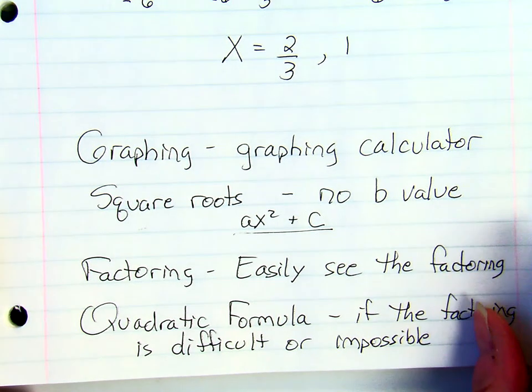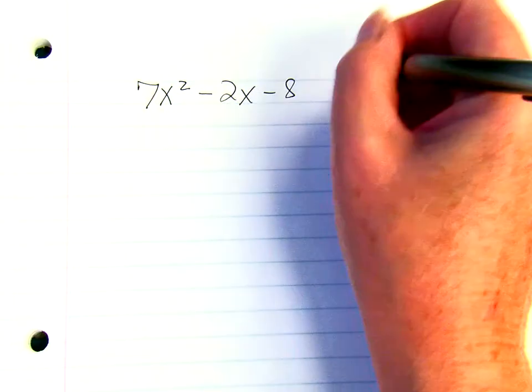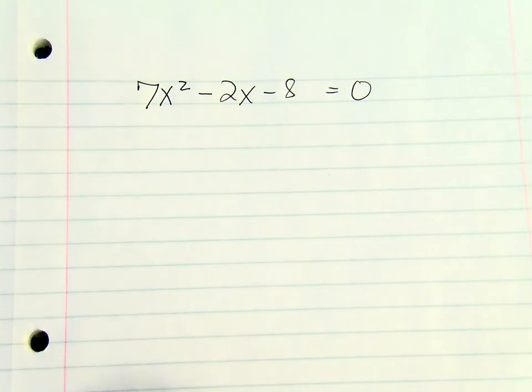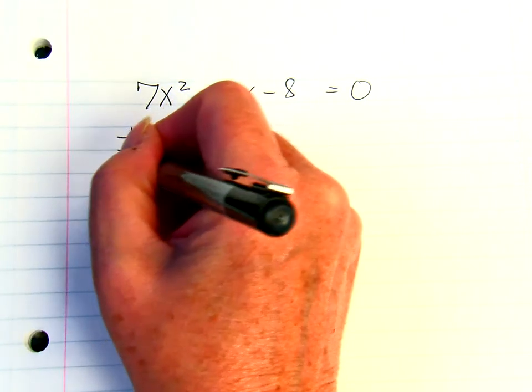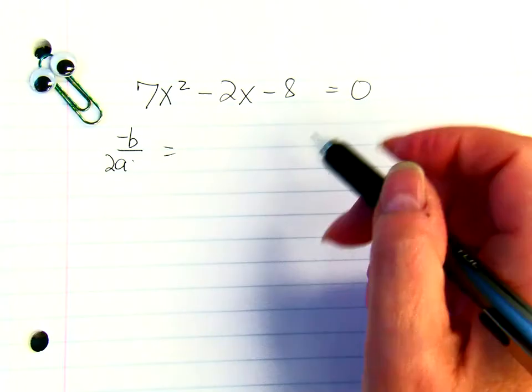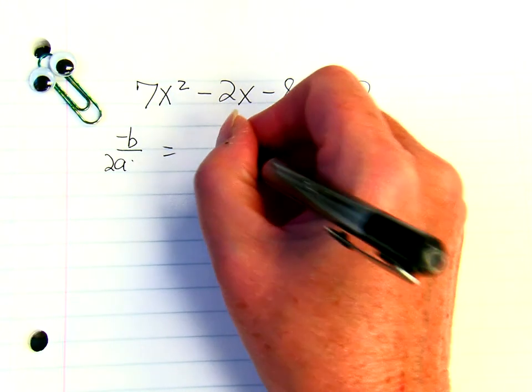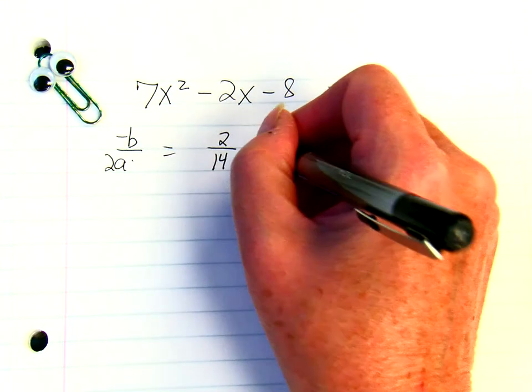Okay, so just as a quick review over all that we have learned and talked about, when you first look at an equation, let's say we've got 7x squared minus 2x minus 8 equals 0. If we look at the negative b over 2a, negative b, so that's negative negative 2, which is 2 over 14.